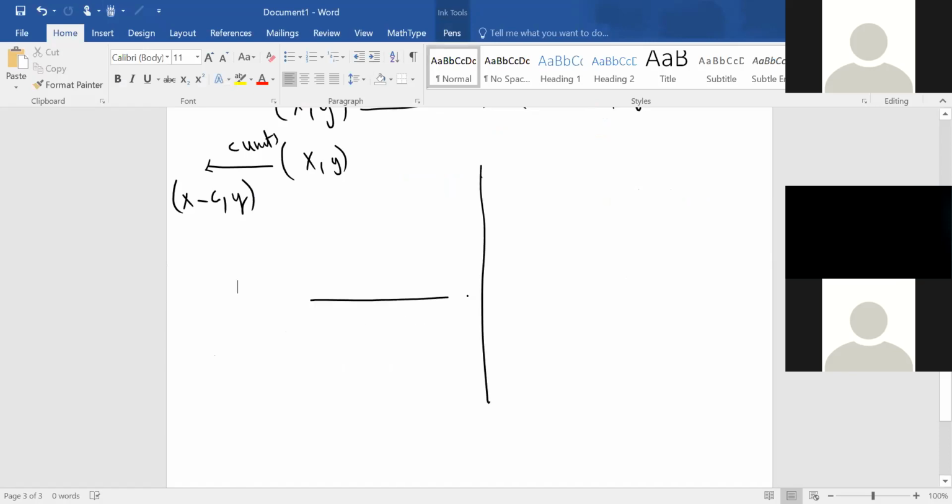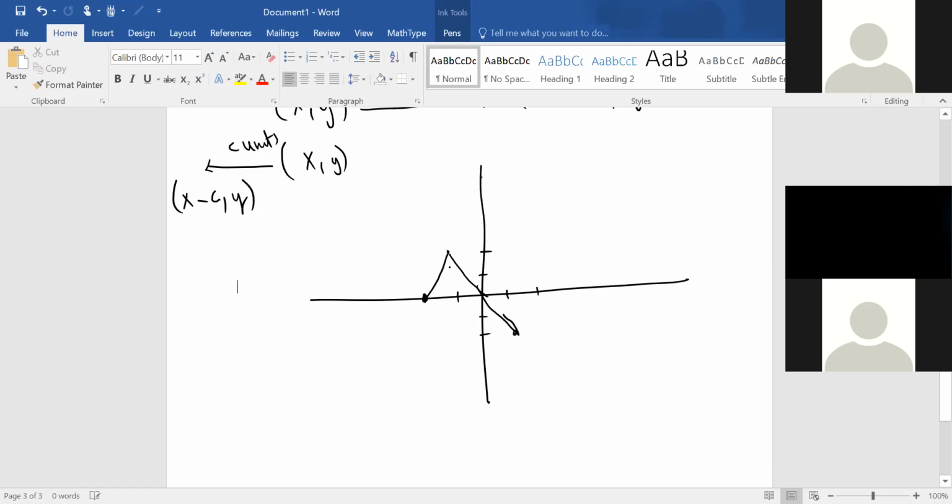You could see a very nice function like this, right? That is my function right here.